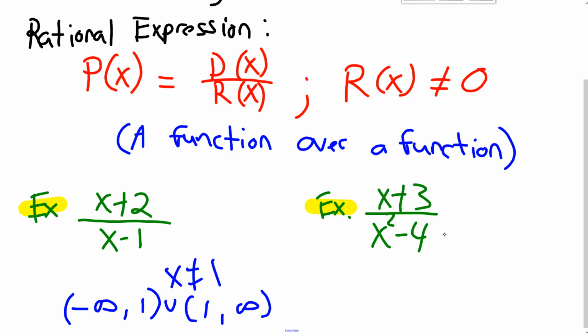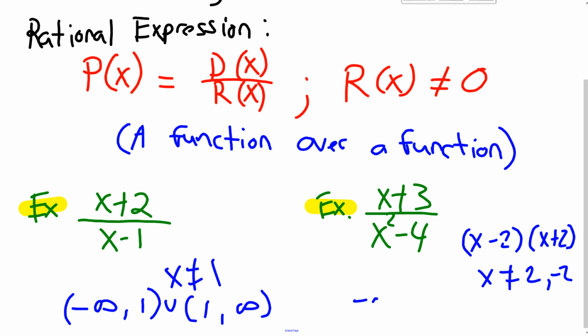I join these together with a union. This next one is a little bit different. I can go ahead and simplify this. x squared minus 4 is a difference of two squares, so I get x minus 2 and x plus 2. Then I can set each of these equal to 0. Or I could have added 4 and taken the square root of both sides and got plus or minus 2. You can see from the factors that x cannot be positive 2 in the first binomial and negative 2 in the second, so it's everything but those two.